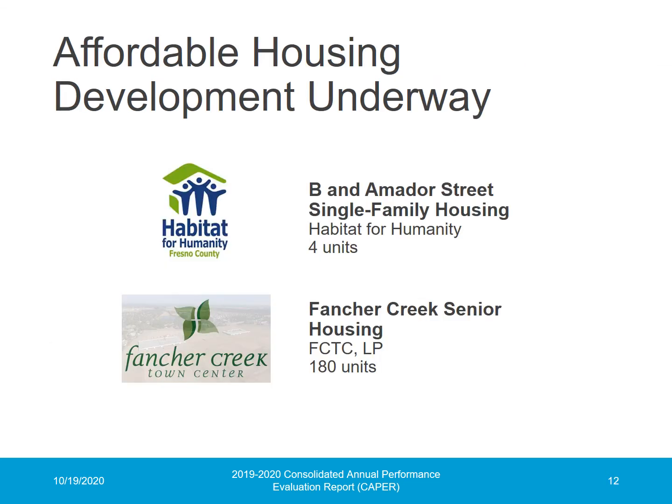While no HOME or CDBG-funded projects were completed by June 30th, 2020, several projects were underway during the program year, including Habitat for Humanity's B and Amador Street single-family housing project consisting of new construction of four 5-bedroom, 2-bathroom homes with detached garage and on- and off-site improvements.